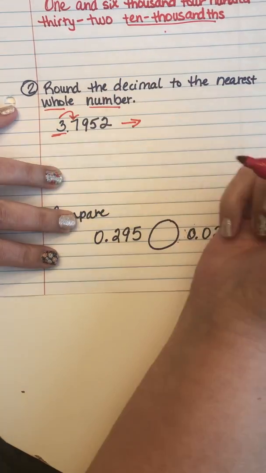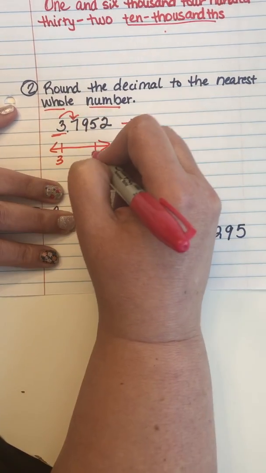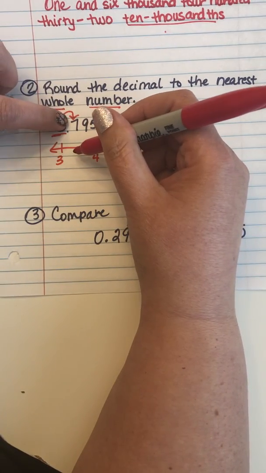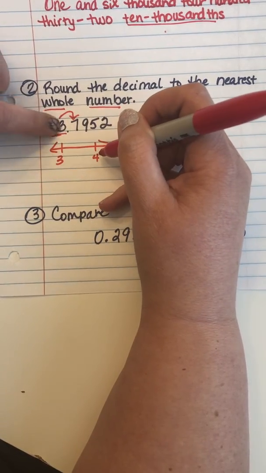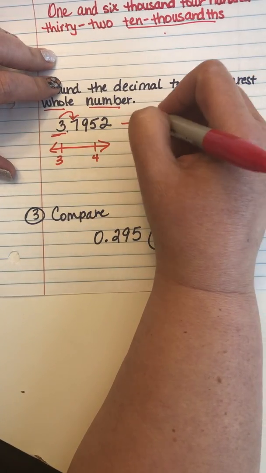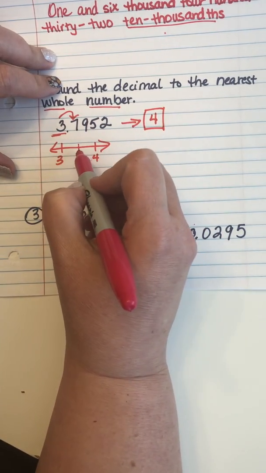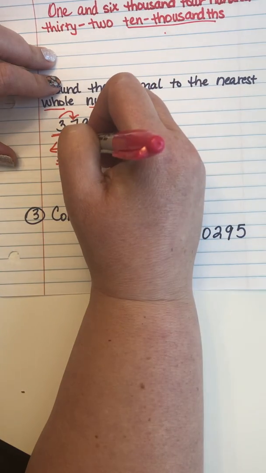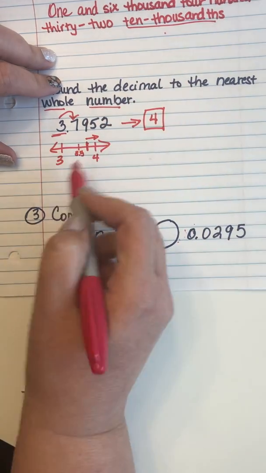We know that on a number line, this would fall somewhere between 3 and 4, because the decimal place here is past 3, but it hasn't made it to the whole number of 4 yet. So we're going to round up to 4. If I was to look at it on a number line, assuming that would be about 3.5 there, I would guess that this would be about right here, and it is closer to 4 than it is to 3.